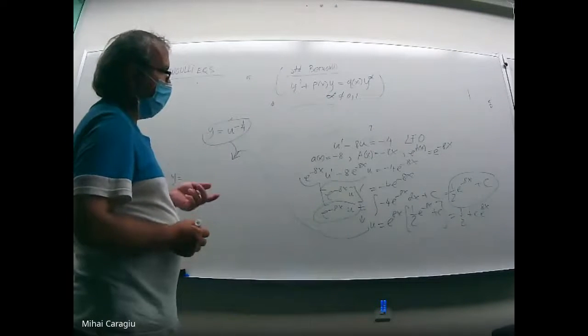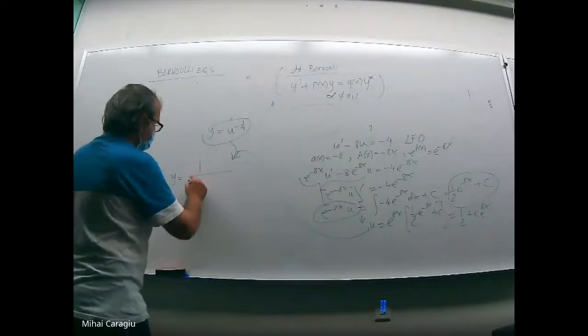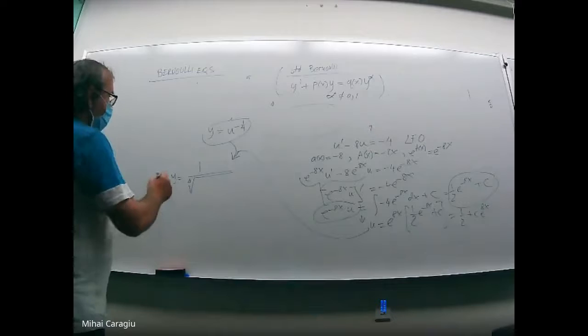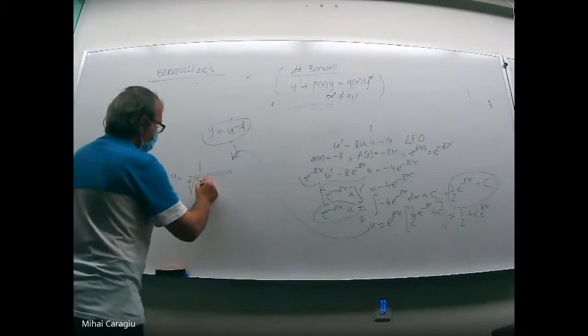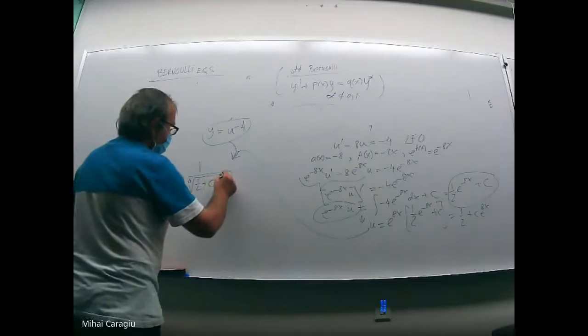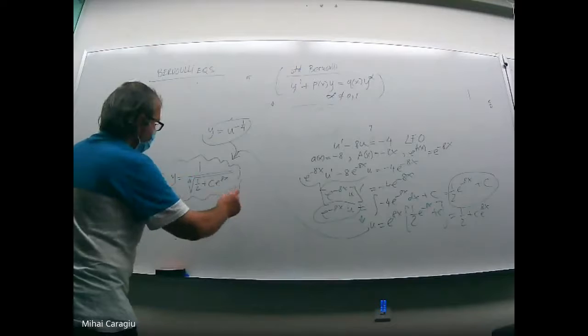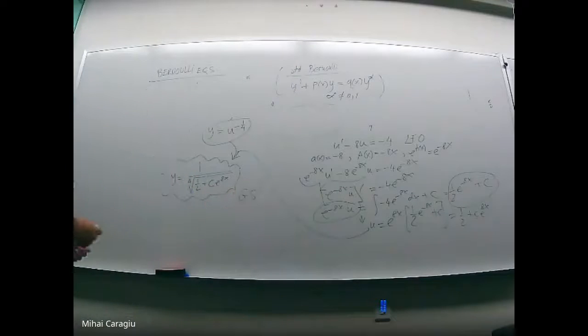To the power minus 1 over 4 is 1 over the fourth root. It's 1 over the fourth root of 1/2 plus c e to the power 8x. So that's the general solution of the Bernoulli equation written in the beginning.